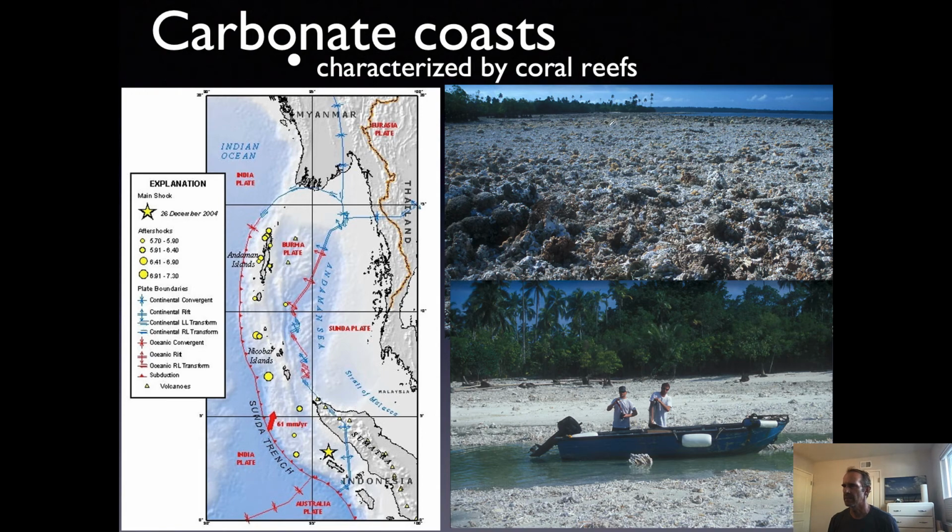It's basically died off now because it's above sea level. But the location of the shoreline actually moved drastically out, and all this reef was brought up and exposed. Okay.